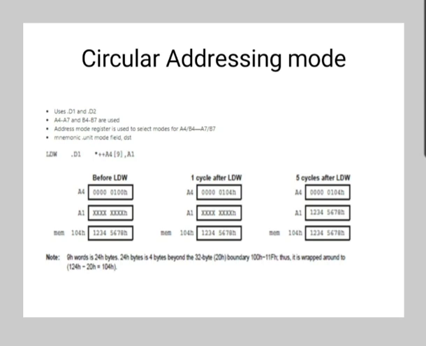Now the BK0 and BK1 fields in AMR specify the block size for circular addressing. So as with the linear address arithmetic, the offset R is shifted left by 3, 2, 1 or 0 according to the data size, and it is then added to or subtracted from the base R to produce the final address.